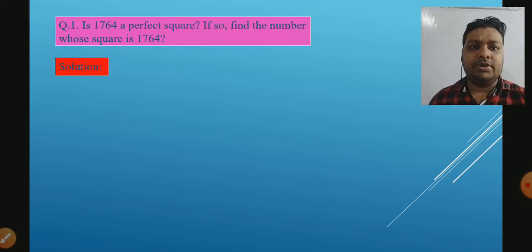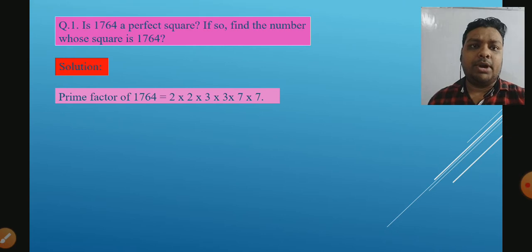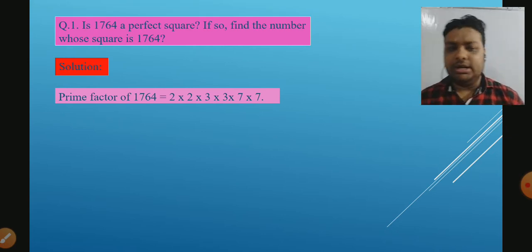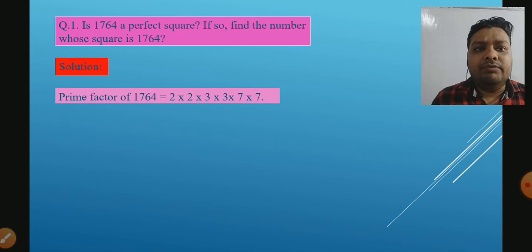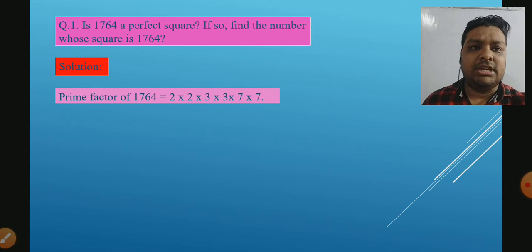At first, the prime factors of 1764. In this question, we first find the prime factors of that number. If you find the prime factors of 1764, you will get 2 into 2 into 3 into 3 into 7 into 7.